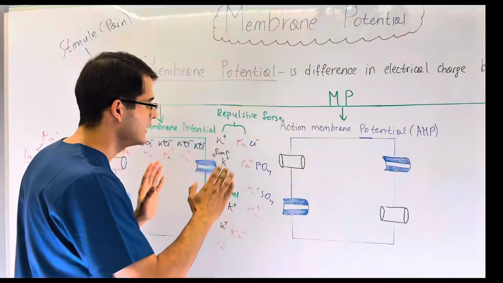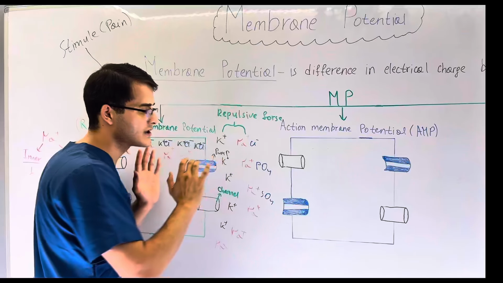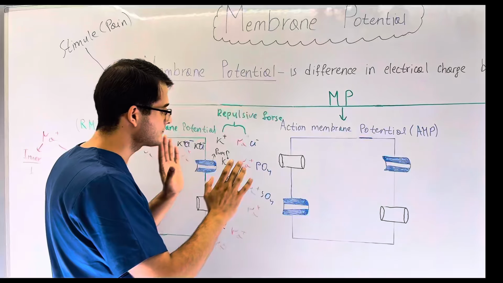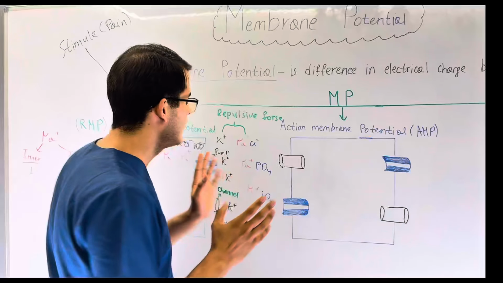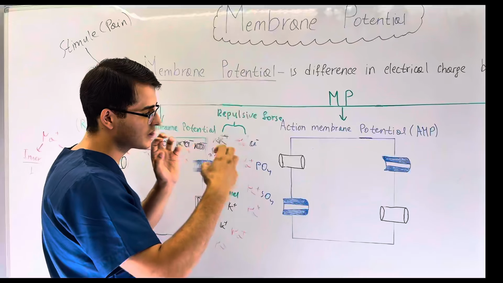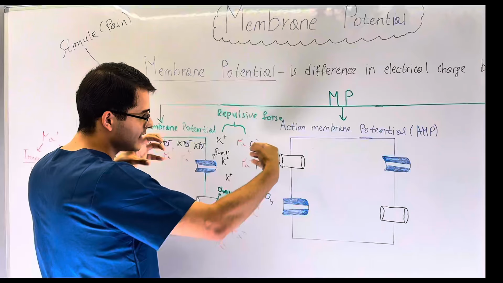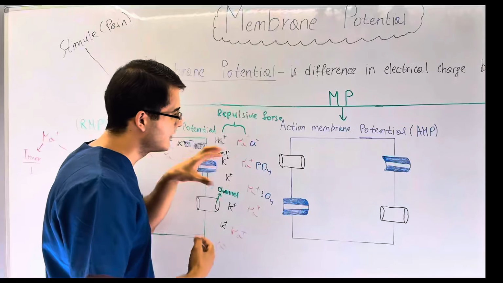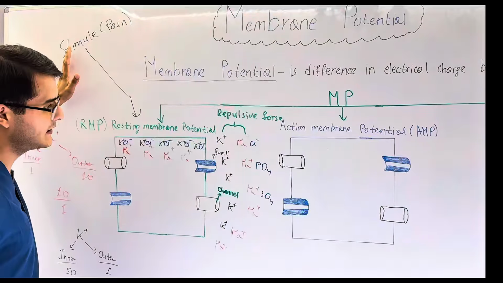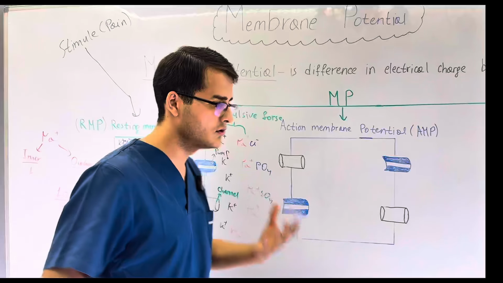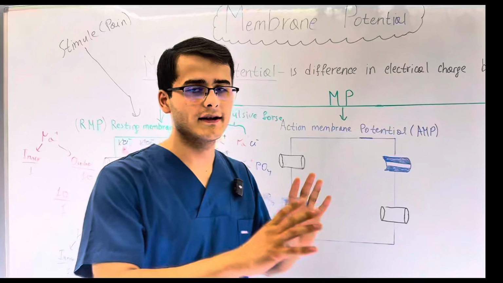So here it's the same. The sodium and potassium, which are outside our cell, both are positive, right? And they will push each other. Because of this, the sodium will not enter. But what we did, we affected it with a stimulus, with pain, right? And I want you to imagine a quiet guy, right?